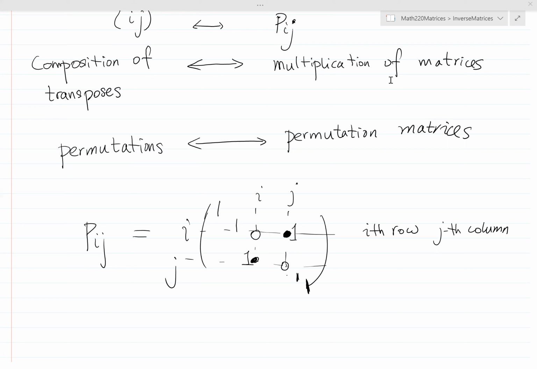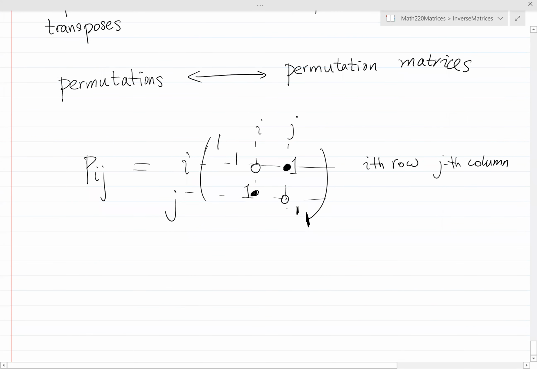Now, how many permutations are there? If you think about it, using some combinatorics, any order for n objects 1, 2, 3, 4, all the way to n: you can check there are n choices for the first object.